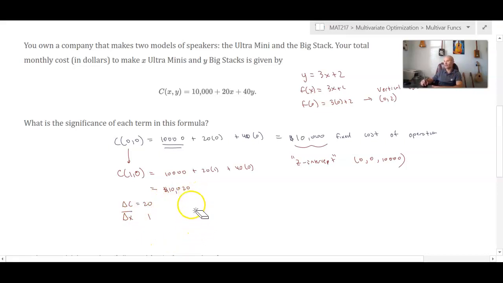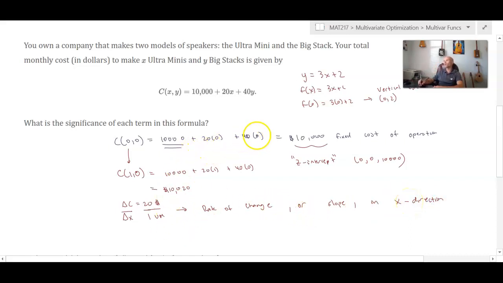In other words, by doing the unit investigation here, cost is measured in dollars, x is measured in Ultra Minis, so I could say that the cost is $20 per Ultra Mini. So this is a rate of change or slope in the x direction. Only changing the value of x, we get a change in cost of $20.